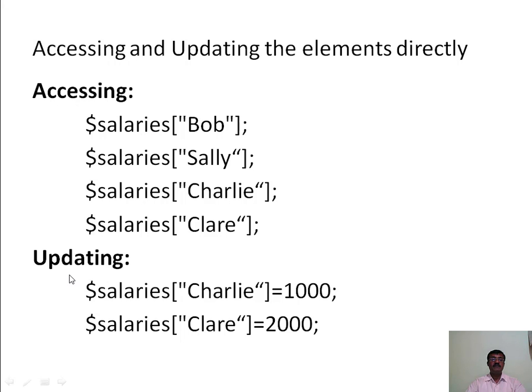To update the values in an associative array, we can assign a new value. Here I am trying to assign a new value for the array element whose key is Charlie. For this Charlie key's value, I am going to assign a new value, that is 1000. In this way we can update the values of one-dimensional associative arrays.